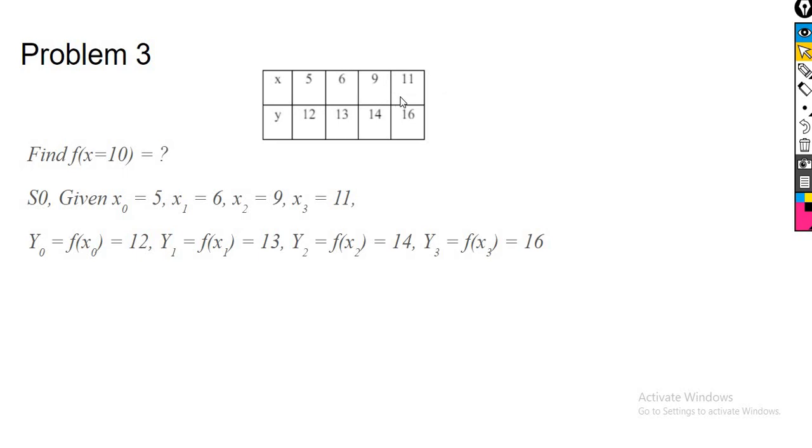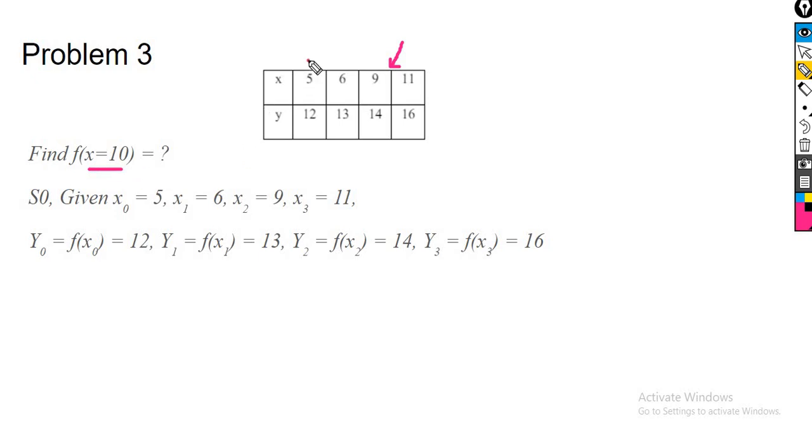If it is not equally spaced, you can also use this. And the function values are also given. You need to find the value for x is equal to 10. So x is equal to 10 will be somewhere here. This value is not known. You need to find what is the value of the function at x is equal to 10.